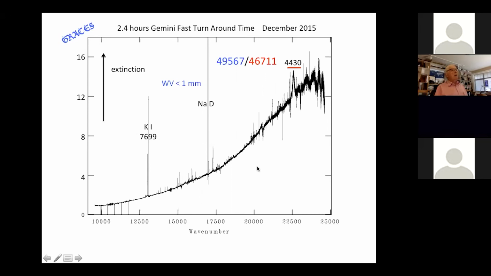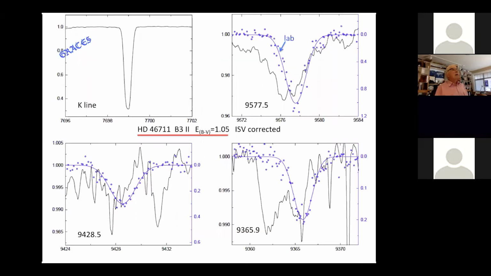It was a very dry conditions, and it turned out it was important because the bands were very weak, or much weaker in this star than in HD 183143, which is a sign that the 4430 band is not part of a family with the C60 plus.